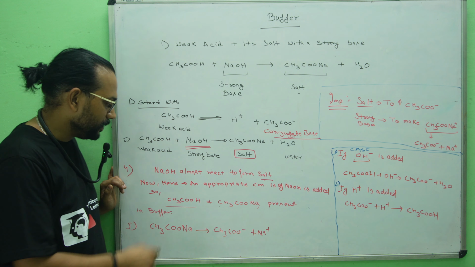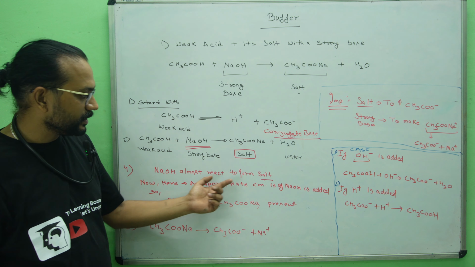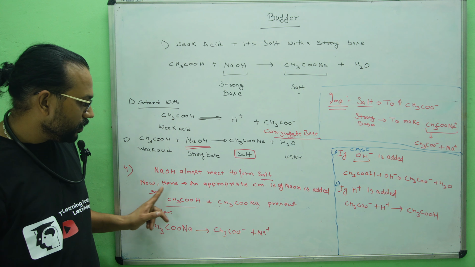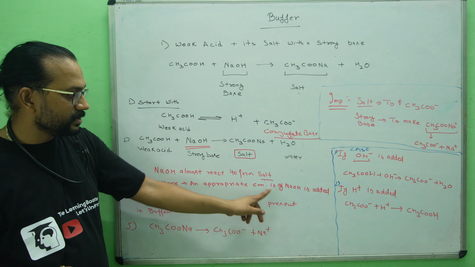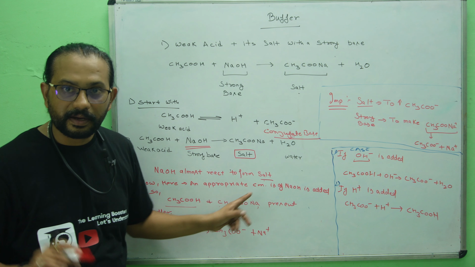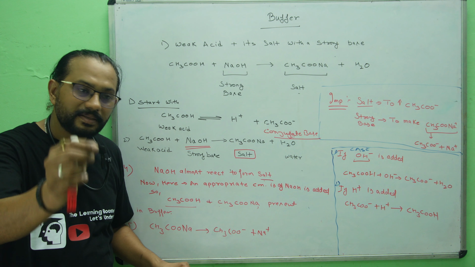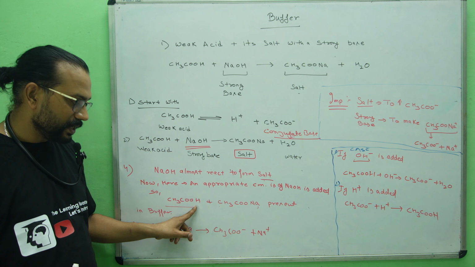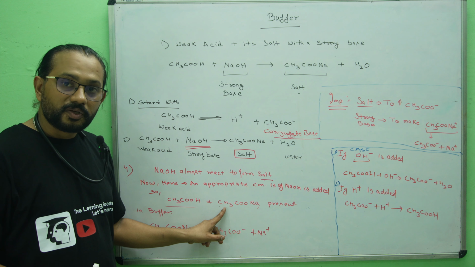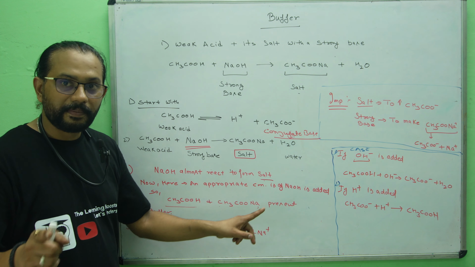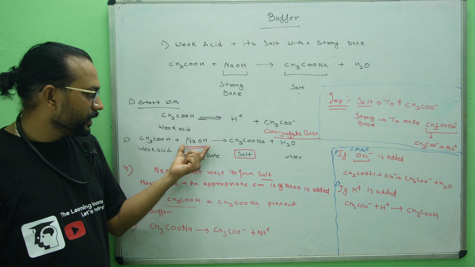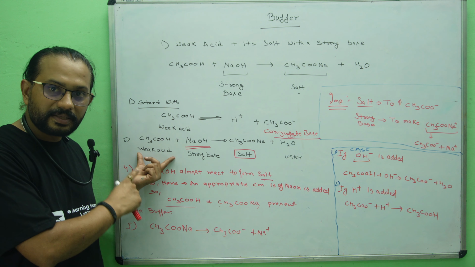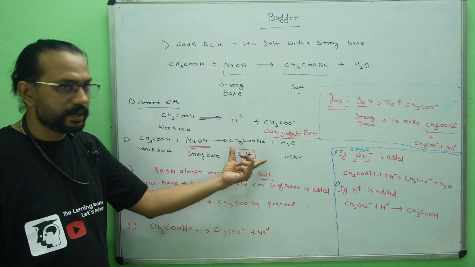Now the NaOH reacts completely to form the salt, sodium acetate. Here an appropriate concentration of NaOH is added. We don't want all of the weak acid, acetic acid, to be converted into a salt.